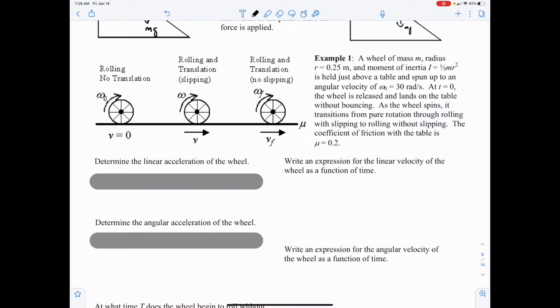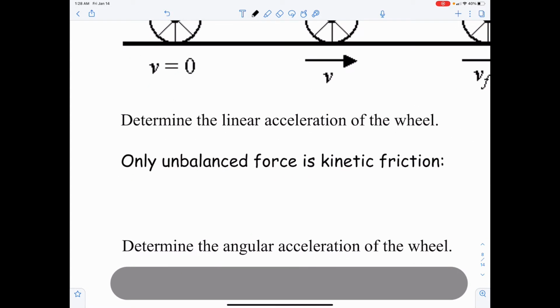First, let's determine the acceleration of the wheel. Okay, now the only unbalanced force that's acting on that thing is friction. Friction is the thing that causes acceleration. So I'm going to use net force equals ma, causing force minus opposing force equals ma, which would be friction.